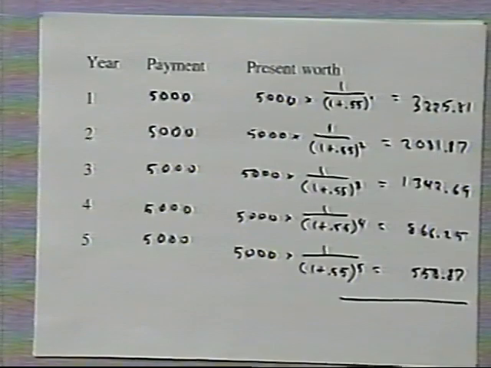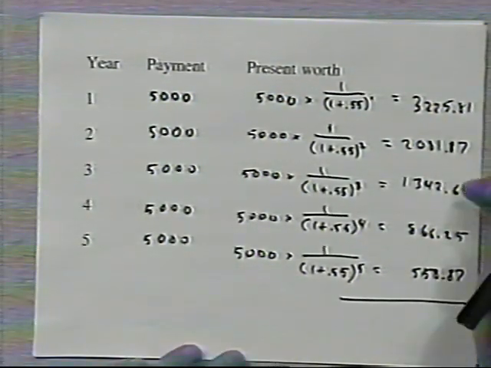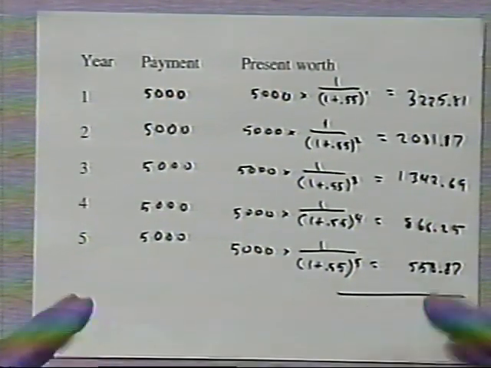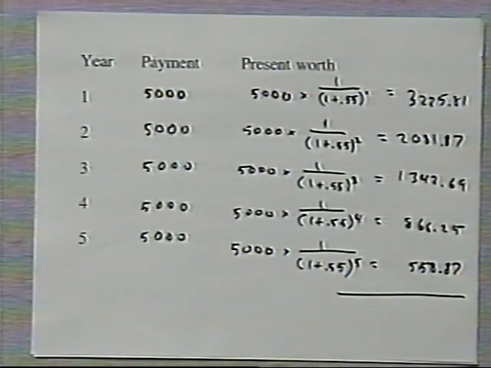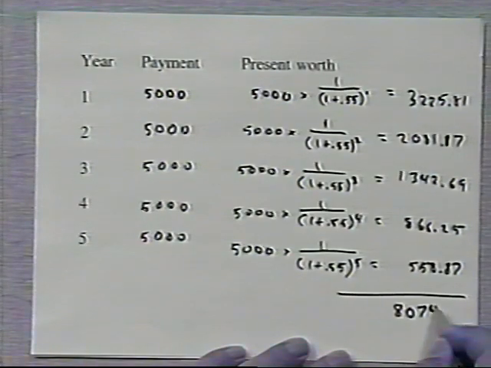Now, for this guess of $5,000 savings, if we total the present worths of the individual savings per year, that would give us the present worth, the equivalent dollars today, of all those future savings. So if I total that, that's $8,074.79.